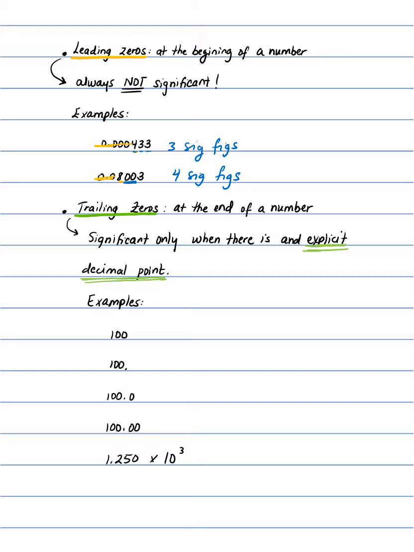Now, are they significant or not significant? You're looking for a decimal point. In that first example, you don't have an explicit decimal point, which means those trailing zeros are not significant. And that number has just one significant figure.